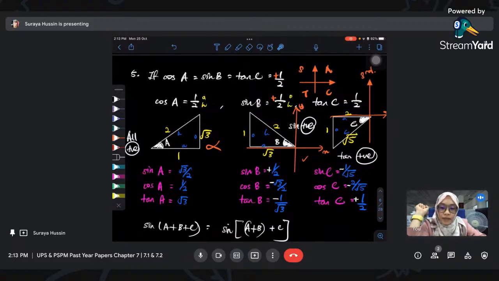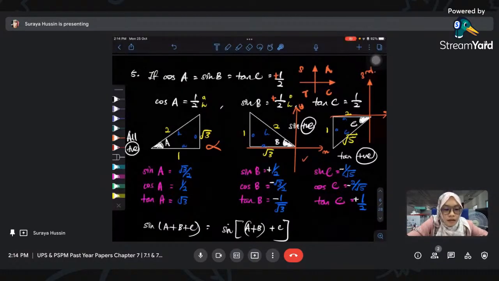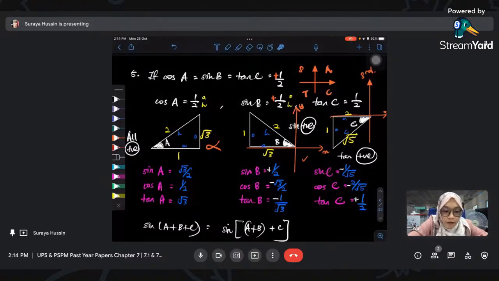Guys, are you with me right now? Yes, cos A should be in quadrant 4. Yes, that's it. Should be quadrant 4.